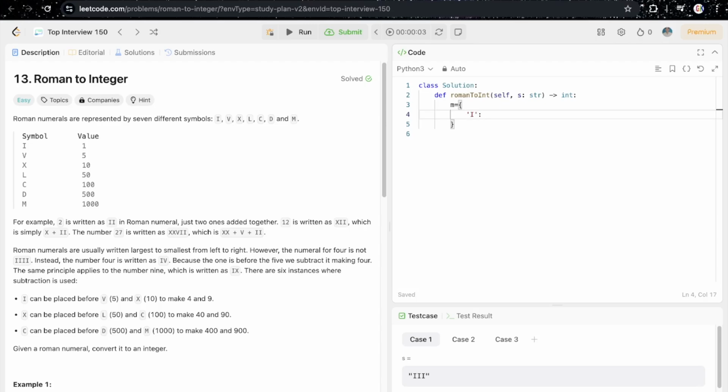Corresponding to I, it's 1, corresponding to capital V it is 5, corresponding to capital X this is 10, corresponding to capital L this is 50, corresponding to capital C this is 100, corresponding to capital D this is 500, and corresponding to capital M this is 1000.